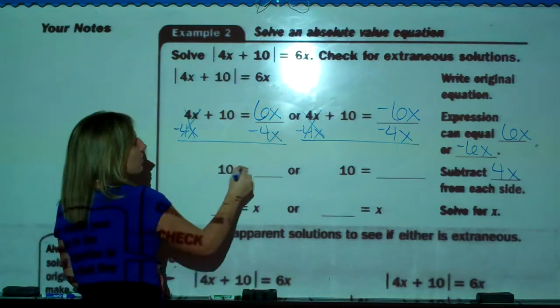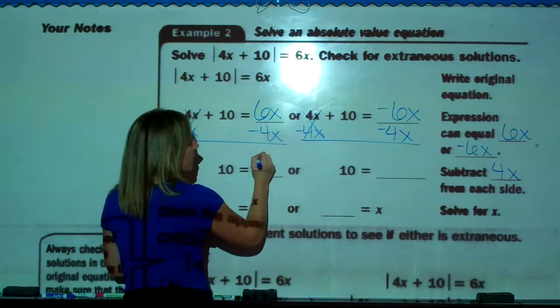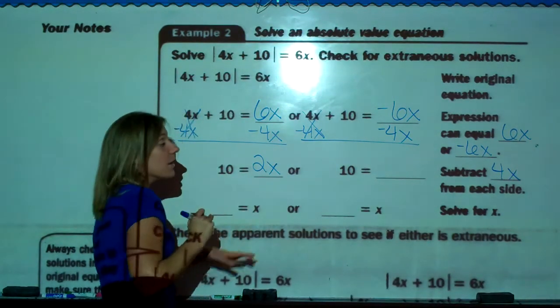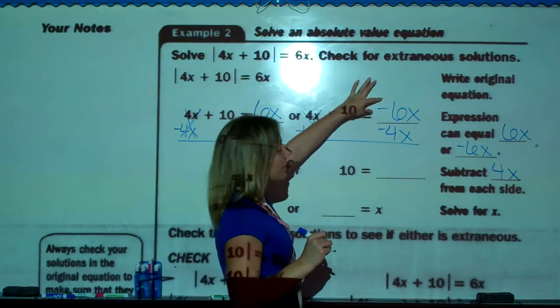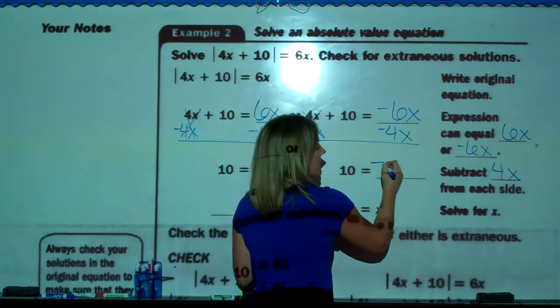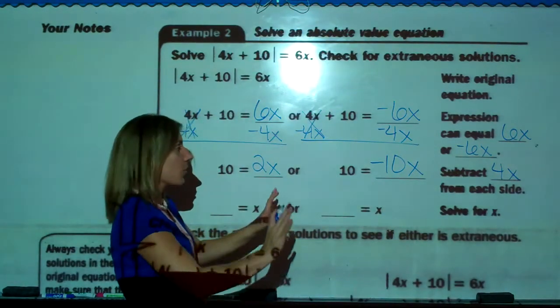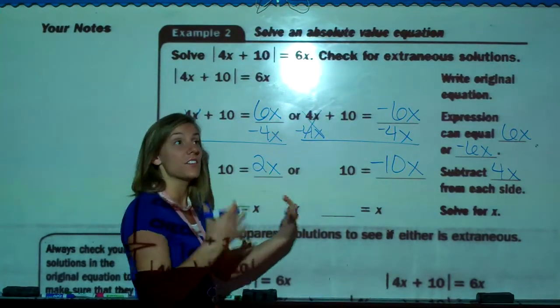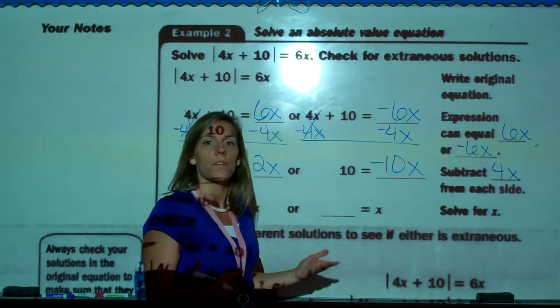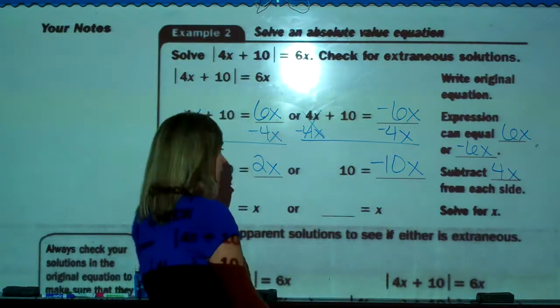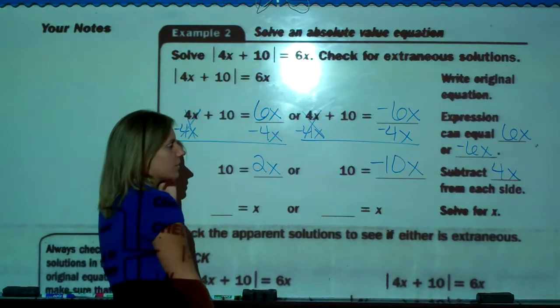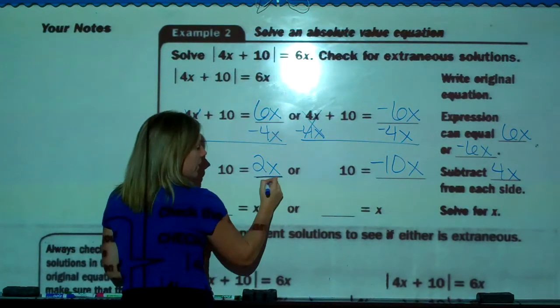Okay? And so we've got 6 minus 4 is 2x on this side. But be careful, this is going to be different. Negative 6 and negative 4 is negative 10x, okay? So as you solve, you do see that the solving actually comes out to different numbers and answers, just like it was on the last page. So then it's easy. We know that we solve for x by dividing.